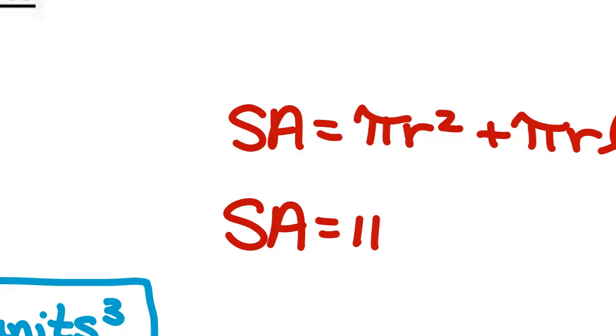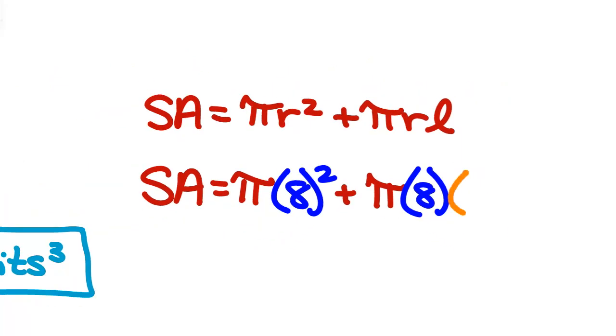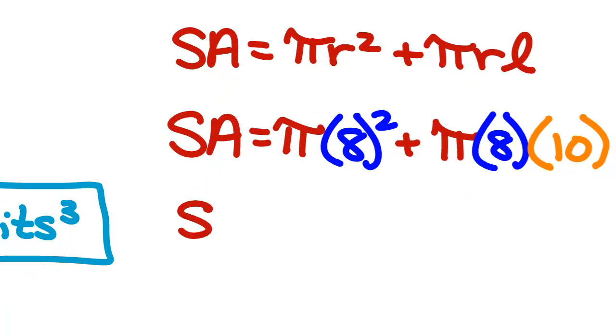Surface area is equal to pi times my radius of 8 squared plus pi times my radius of 8 times my slant height of 10. Let's do these one piece at a time. First, let's find the area of that circular base, pi times 8 squared. I got something smaller than that.